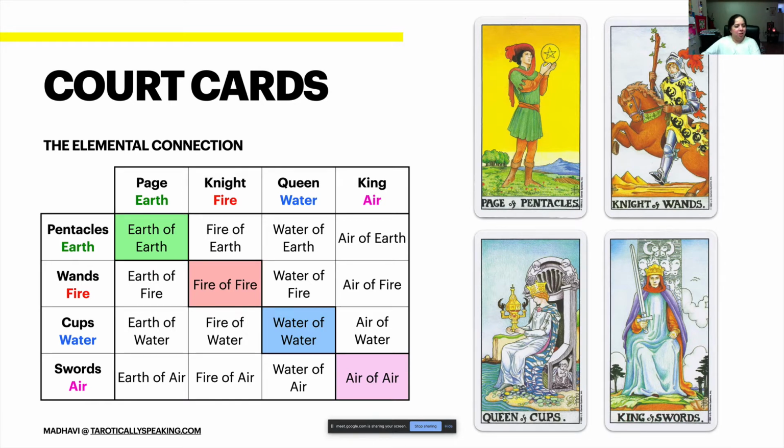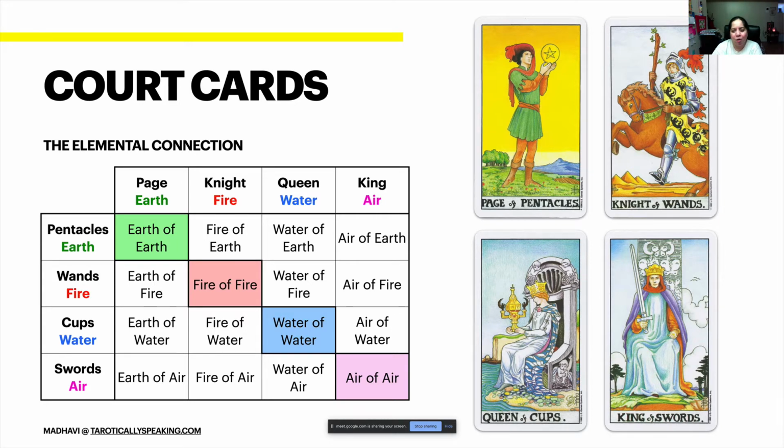And obviously, you can see pentacles are earth, wands are fire, cups are water, and swords are air. Now, in the same vein, elements have also been assigned to each court card stage, you can say. So, pages are earth, knights are fire, queens are water, and kings are air. And there's a sense to why it is that way. Okay, let me explain.